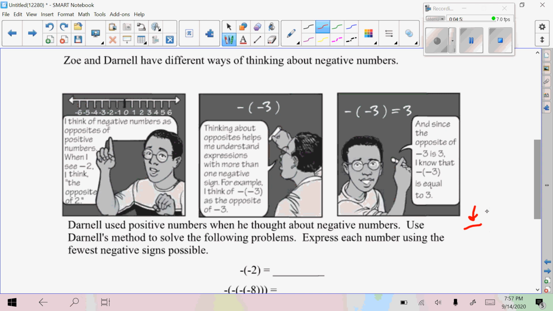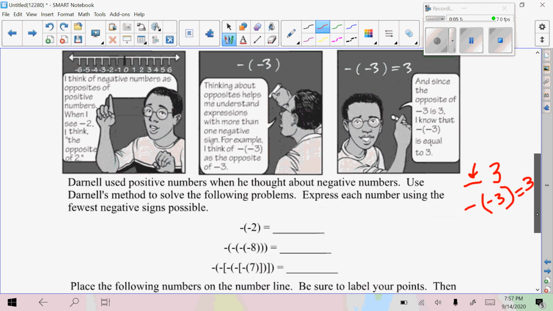So the opposite of positive 3 is negative 3. Now, if we have the opposite of a negative 3, well, that would be a positive 3.